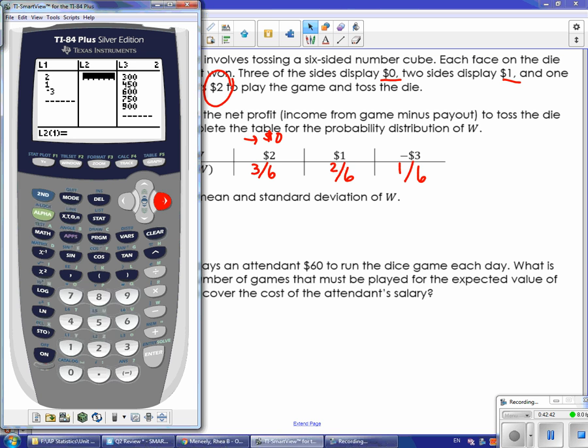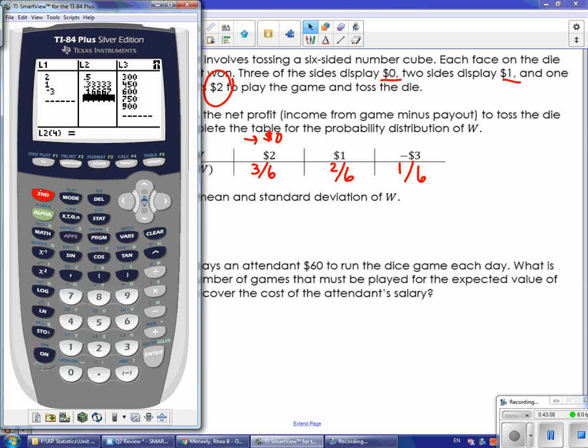And then the probabilities. So 3/6, 2/6, and 1/6. I recommend putting them in your calculator as fractions and letting your calculator do the division, because even though you're seeing a rounded value, your calculator is maintaining all of those decimal places. And this way, when you calculate your mean and your standard deviation, you won't have any rounding errors.